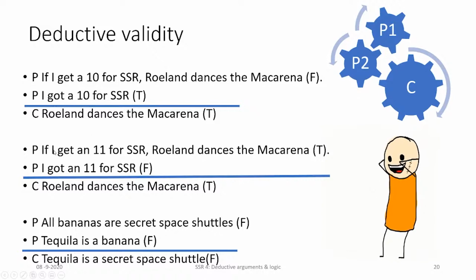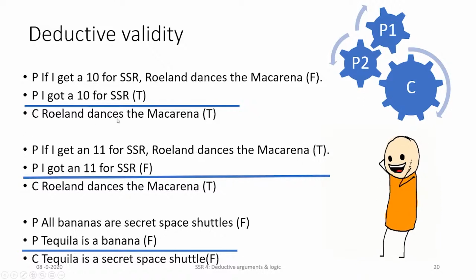Let's look at the next example. If I get an 11 for SSR, Roland dances the Macarena; I got an 11 for SSR; so Roland dances the Macarena. Here we could assume the first premise to be true. I'm telling you this: I will dance the Macarena for you if you get an 11 for this course. That's a true statement.